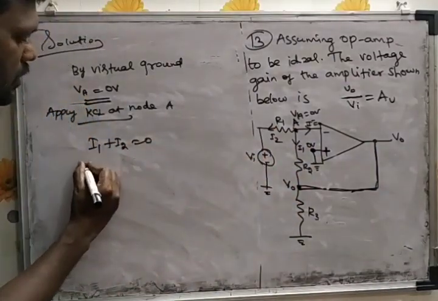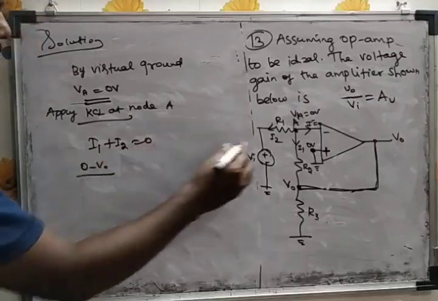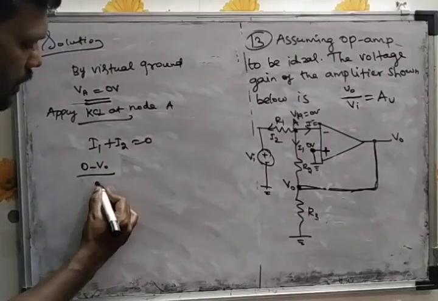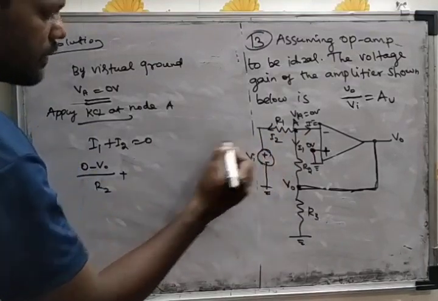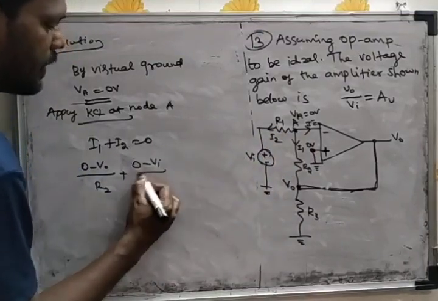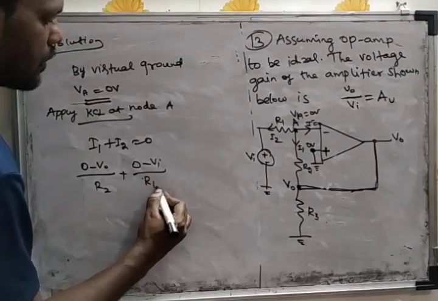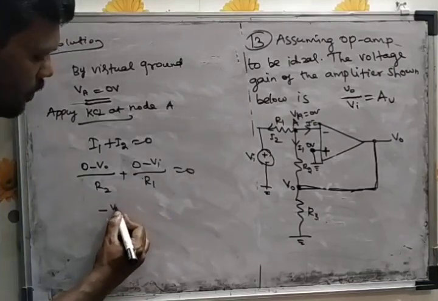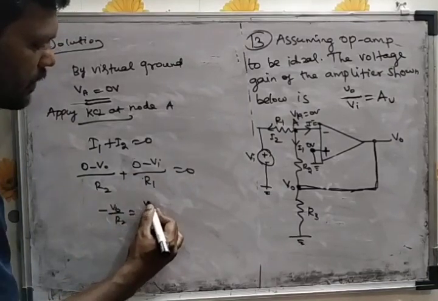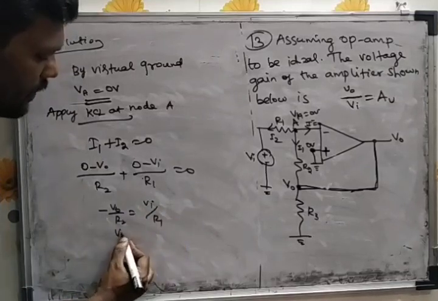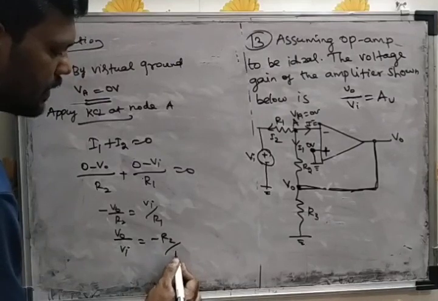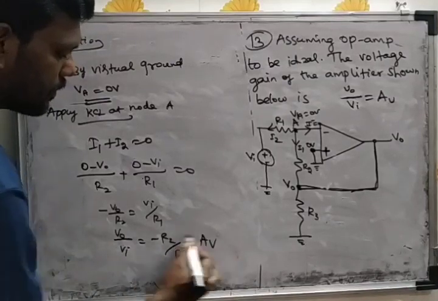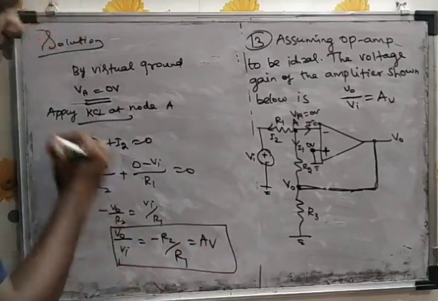So I1 is 0 minus V0 by R2, plus your I2 is 0 minus VA by R1, equal to 0. So minus V0 by R2 is equal to VA by R1. So V0 by VA is equal to minus R2 by R1. So voltage gain is minus R2 by R1.